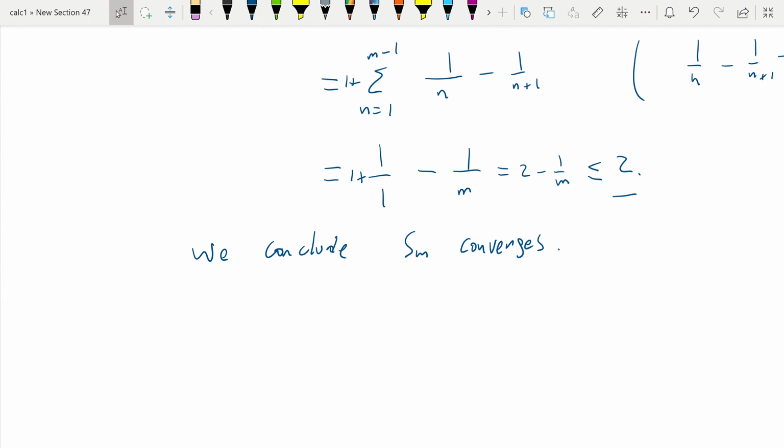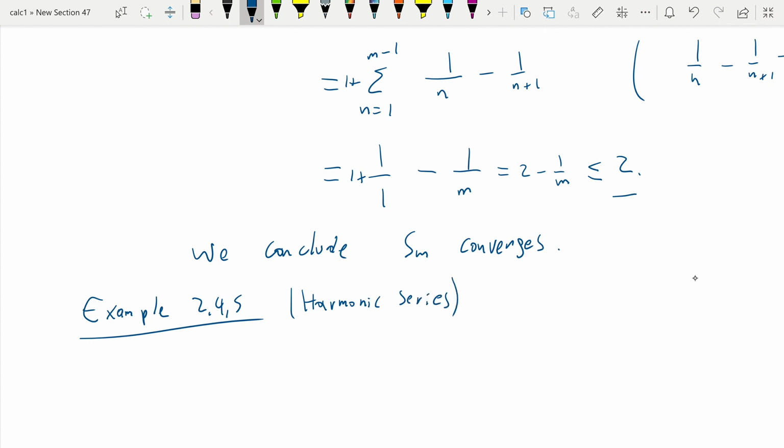So what I'm going to give as homework, something that you should do on your own, is example 2.4.5, which is the harmonic series, so this is just to understand why this sequence is divergent.